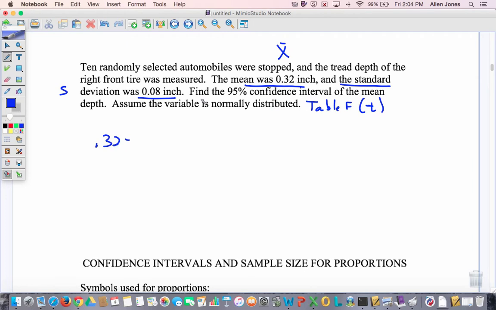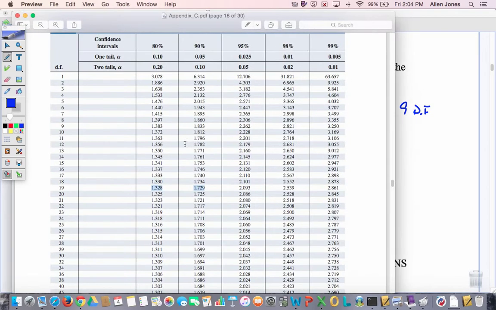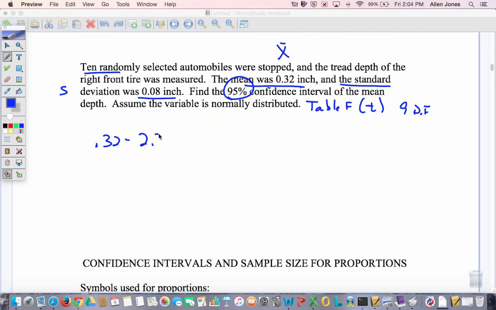Our mean is 0.32 plus or minus, we have a sample size of 10, which means we have 9 degrees of freedom and a 95% interval. So we'll go to our table, 9 degrees of freedom over to 95%, and we have 2.262. So 2.262 is our t-score.